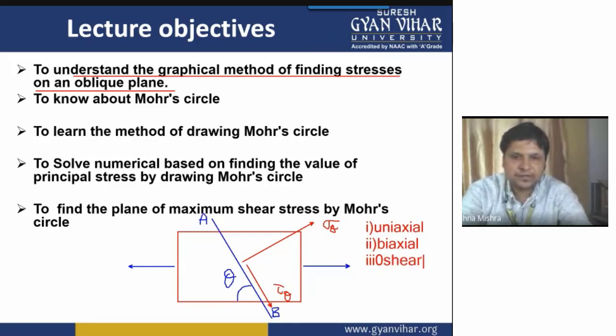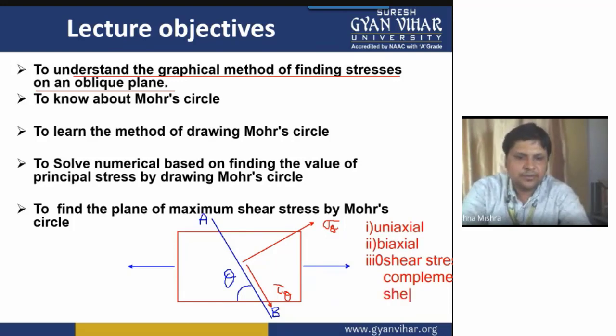And since there is shear stress, I have told you always, whenever there is a shear stress, a complementary shear stress is also developed. So this case also we have discussed.